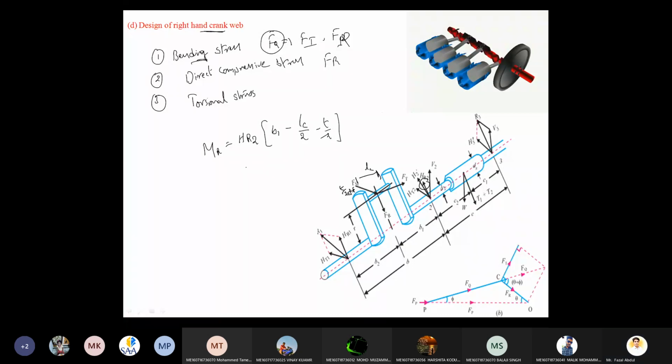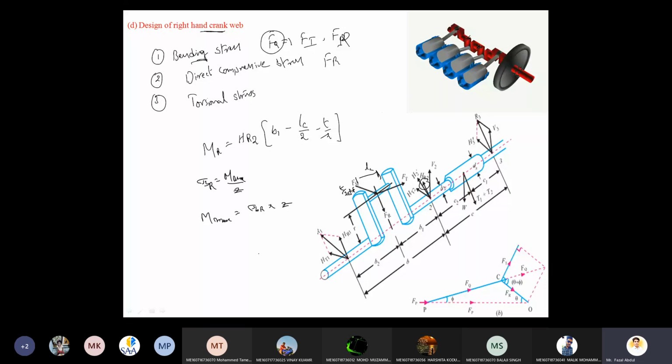And the bending moment we can also calculate from the bending stress equation, that is bending stress equals maximum bending moment by section modulus. So the maximum bending moment can also be written as the bending stress into the section modulus, sigma b into Z. Now what is the section modulus here?